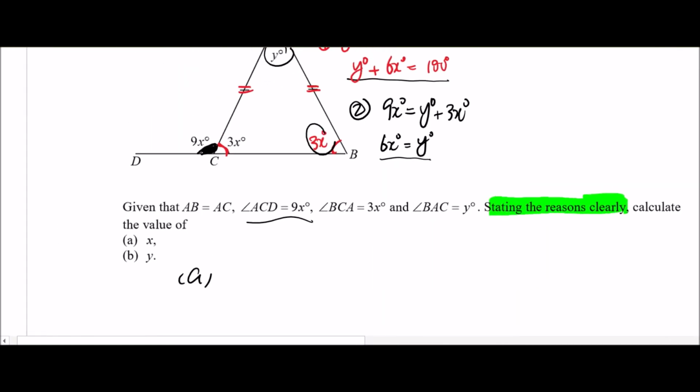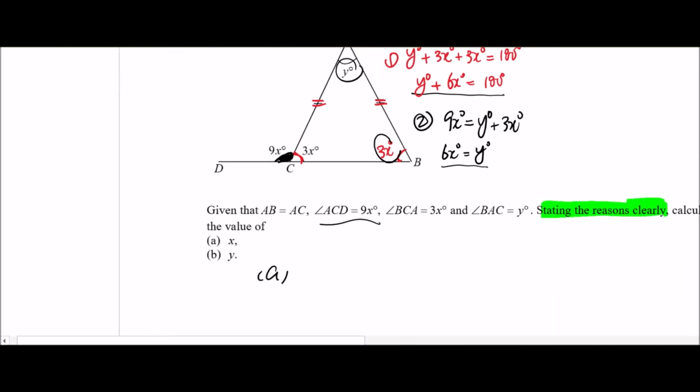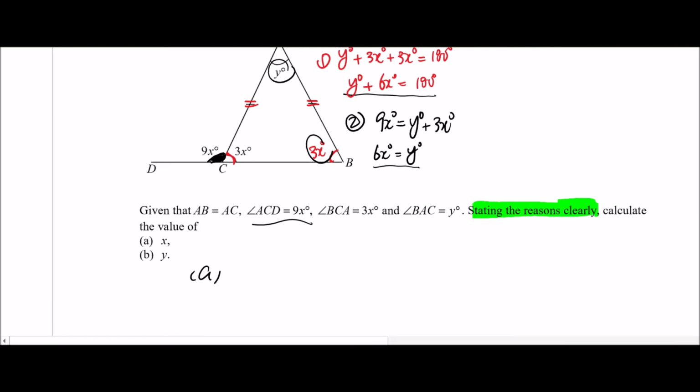Okay, so let's rewrite them down. I know we have already done it, but let's do it in the question properly. Oh no, but before that, we need to tell the examiner that we know that angle ABC is equals to 3x degree.